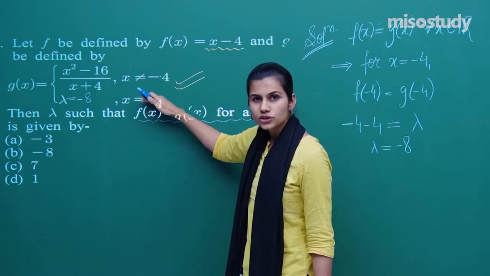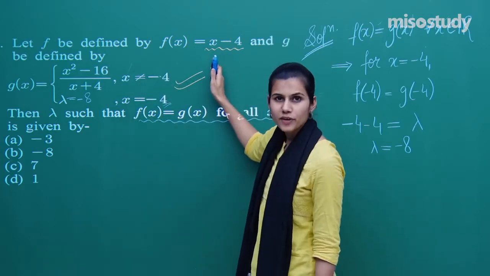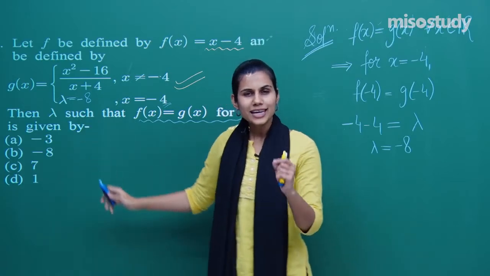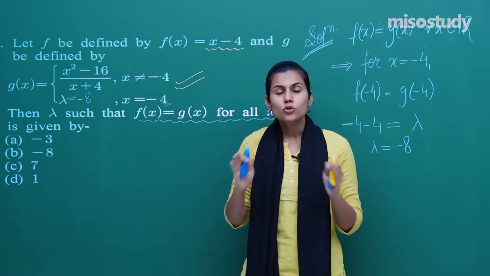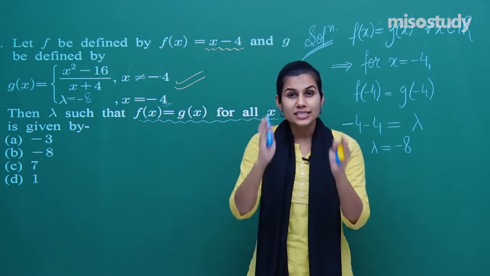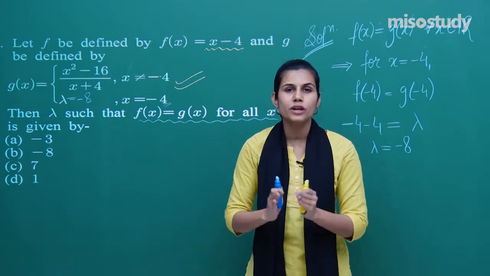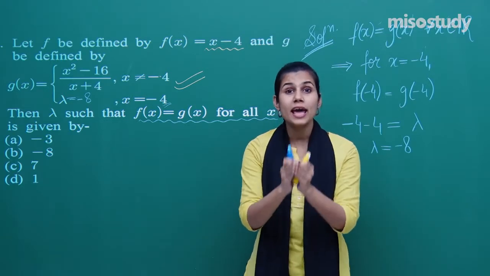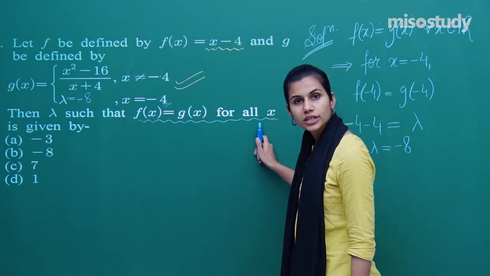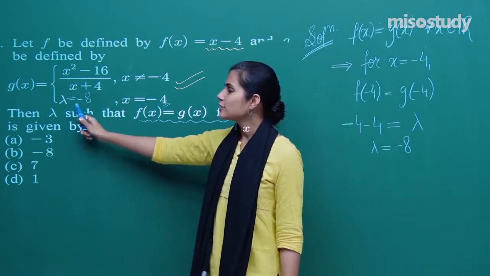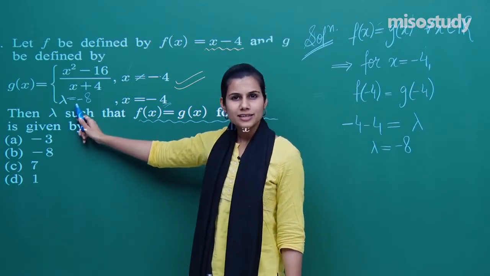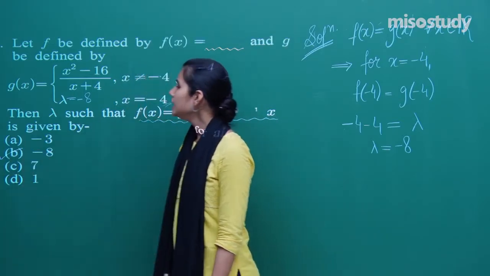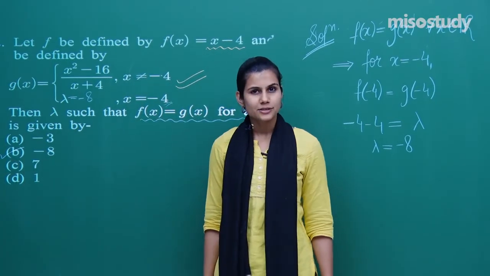This branch function is equal to this simple function for lambda equals minus 8. That is the answer. Two completely different looking functions can also be equal functions. They will deliver exact same output corresponding to every input coming from reals, only when in place of lambda you put minus 8. And therefore, the correct answer is given by point number B, which is minus 8.